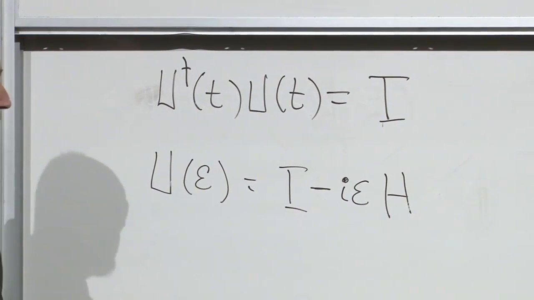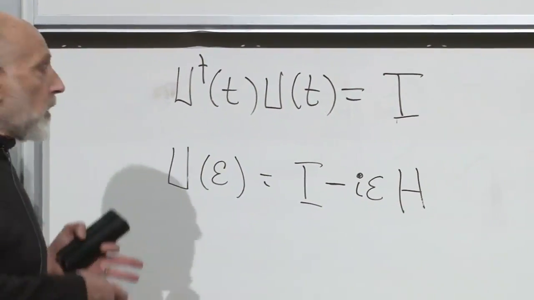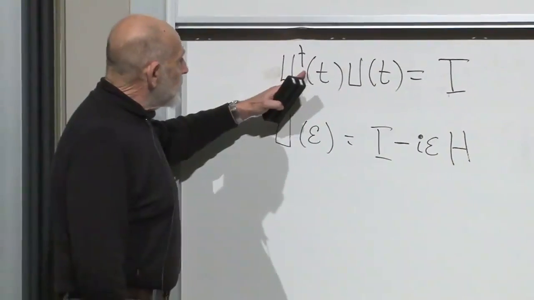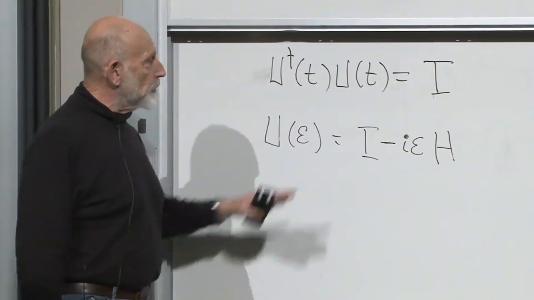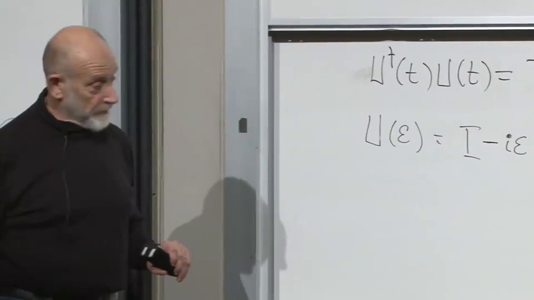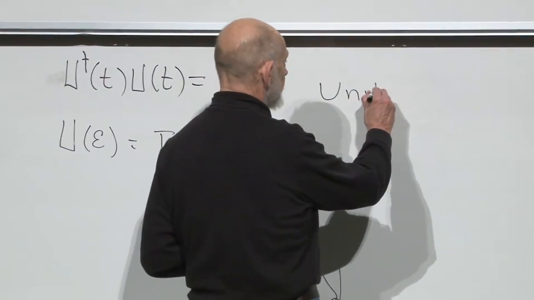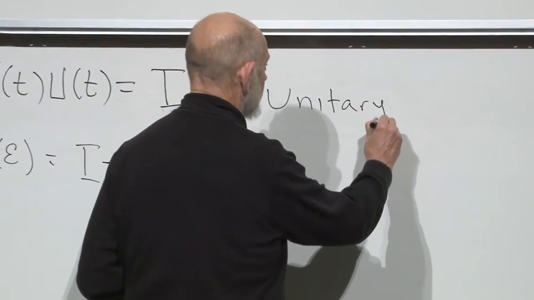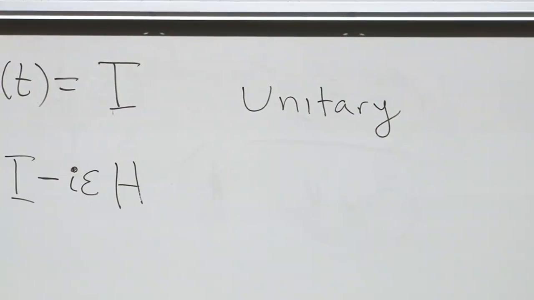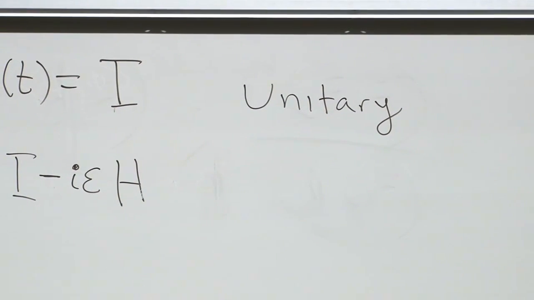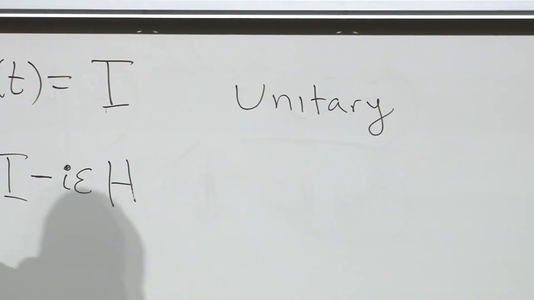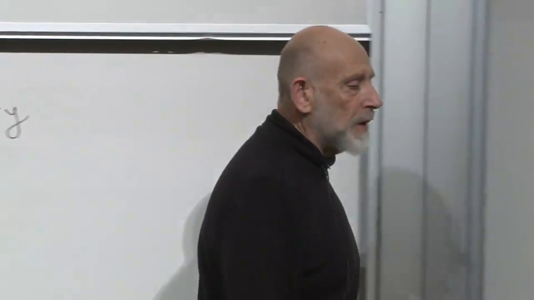U dagger times U is equal to 1, or, as was said, that U dagger, the Hermitian conjugate of U, is the inverse of U. Such operators are called unitary. U is a unitary operator. So this is, again, a restatement of the principle of conservation of overlap.